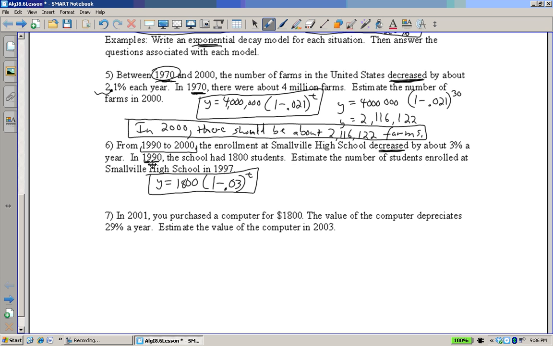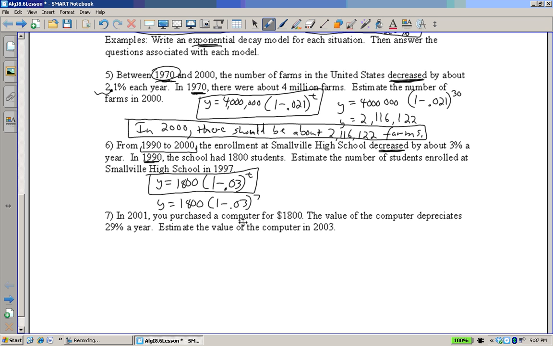Now, estimate the number of students in 1997. Well, we're going to figure out how many years from our starting date this is. 1997 minus 1990 gives me 7 years. So y equals 1,800 times 1 minus 3 hundredths to the 7th power.